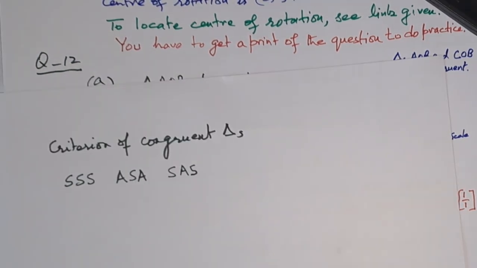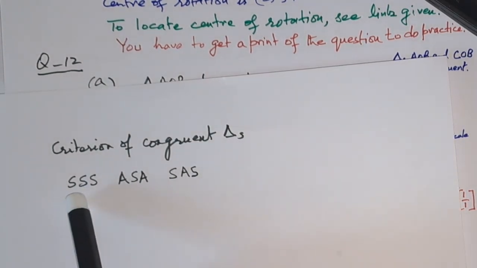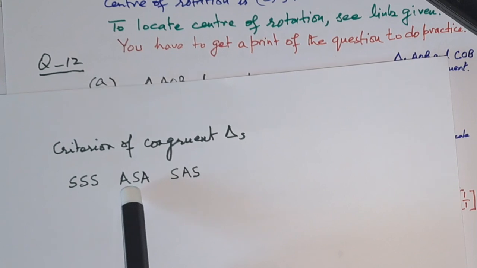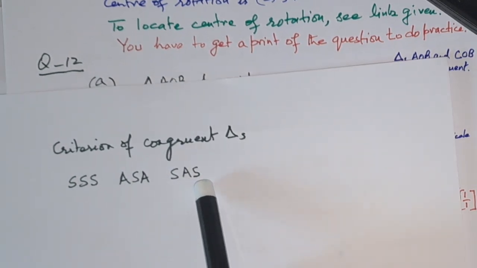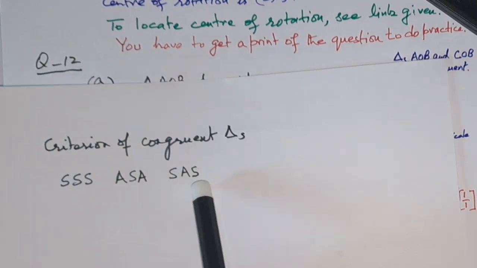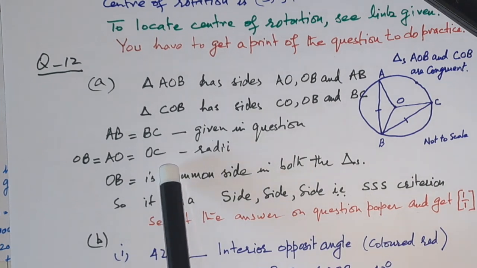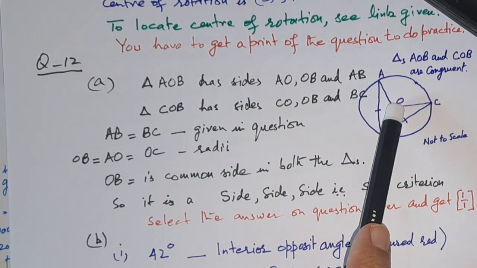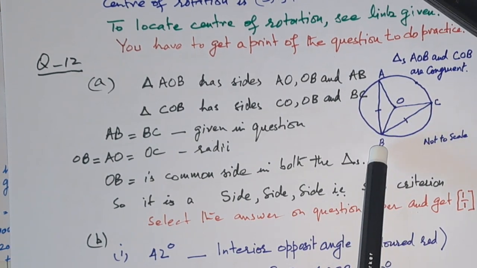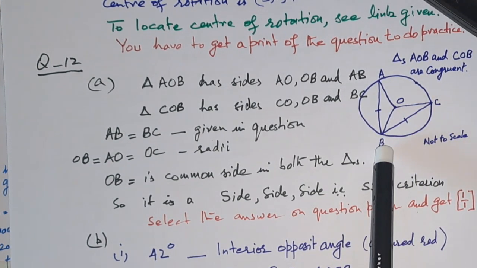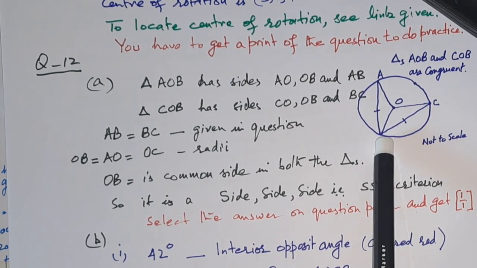We know that in congruent triangles there are only three criterions, which are side criterion, angle criterion, side angle criterion. So if we look at this question, they have already said that AO is equal to OC and AB is equal to BC, and OB is equal to OB because OB is common in this diagram.